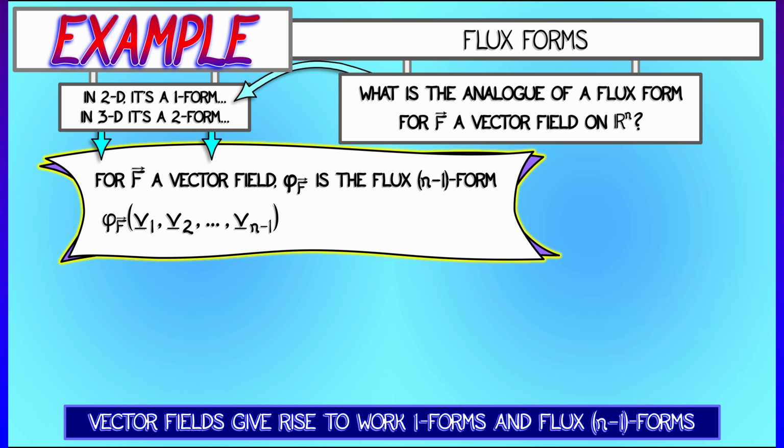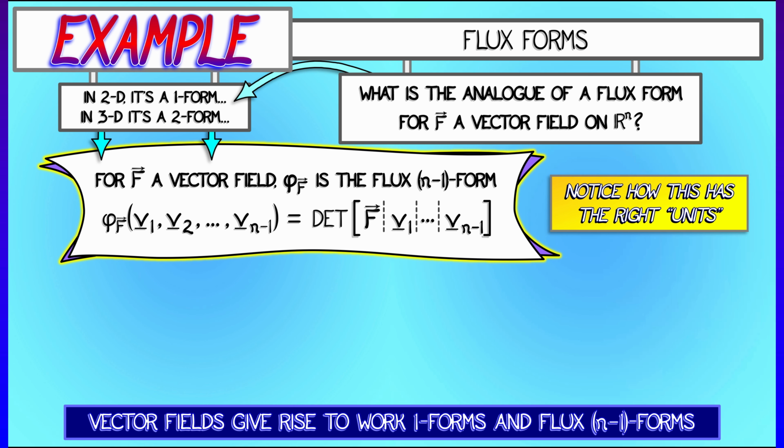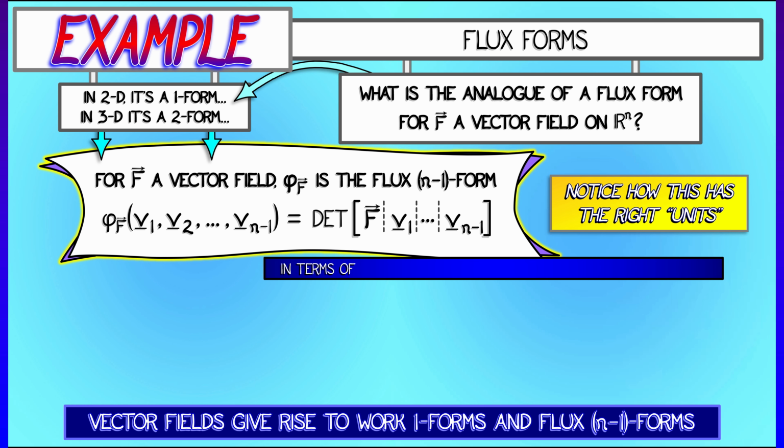It's got to be some sort of alternating multilinear thing. Oh, that's right. It's got to be a determinant. A determinant of what? Well, we have to use the vector field f, and we have to use these n-1 vectors, and boom, that gives us an n by n matrix. Compute the determinant of that, and that's it. It's got the right units.